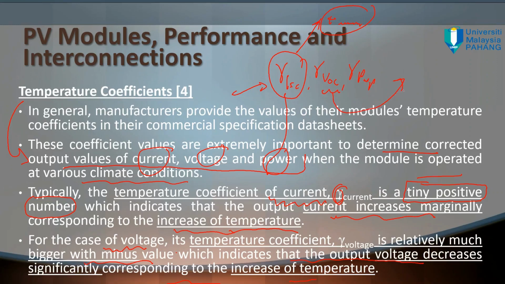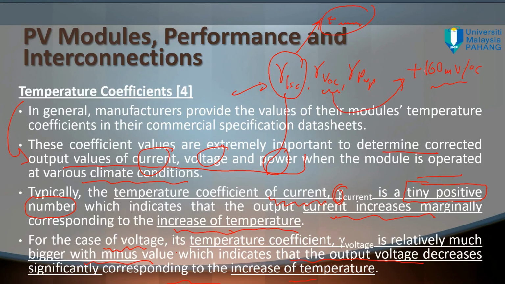For the case of VOC, most cases for the standard polycrystalline and monocrystalline based solar modules, the value is plus. I think for example 160 millivolt per degree C, maybe.